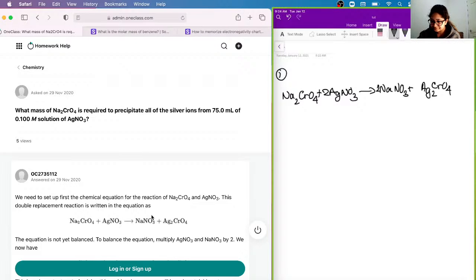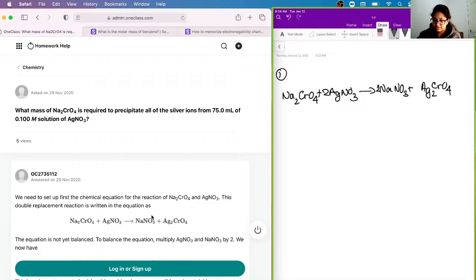And so this is an important part of solving this problem because we will be using stoichiometry. And so the problem wants us to get the mass of sodium chromate needed to precipitate all the silver ions present in silver nitrate. And so this means that all the moles present in silver nitrate will be consumed by the reaction.